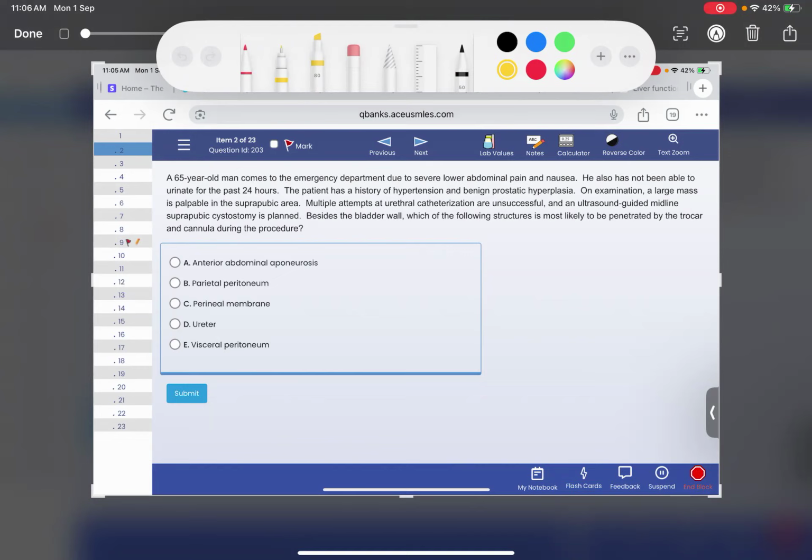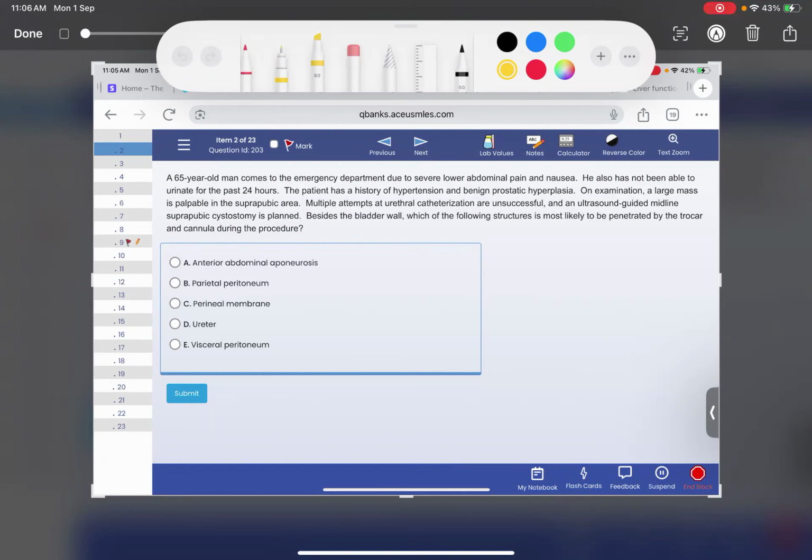On examination, a large mass is palpable in the suprapubic area. Multiple attempts at urethral catheterization are unsuccessful. An ultrasound-guided midline suprapubic cystostomy is planned. So where does the trocar pass through? The anterior abdominal wall.